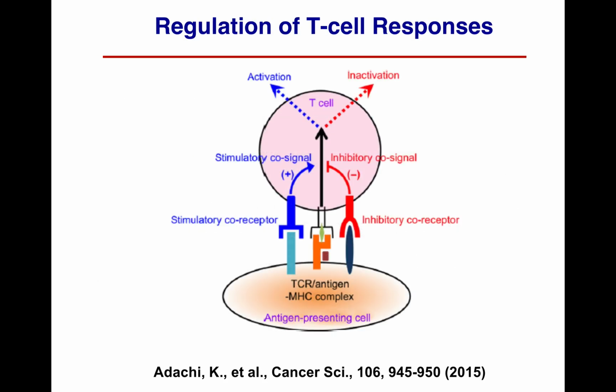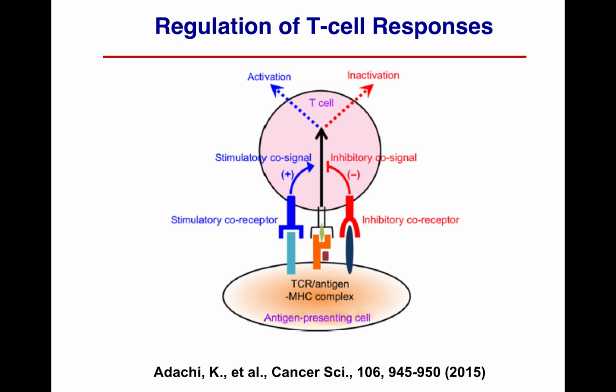Now, in the last part of this section, what I'd like to discuss is the regulation of T cell responses. Now, there was a question earlier, and so if T cells get overactivated, what ends up happening is you can get a tremendous amount of cytokines produced, and it can actually kill you. It's referred to as a cytokine storm, in which you get too much IL-2, too much IL-6, too much IL-17, too much interferon gamma is produced, and this can lead to severe toxicities.